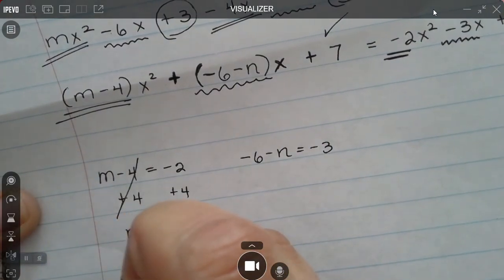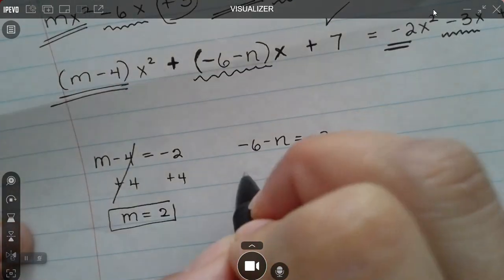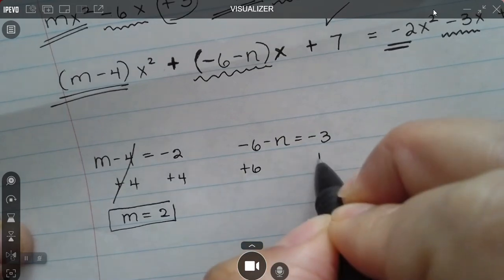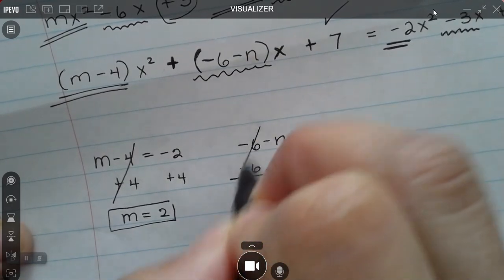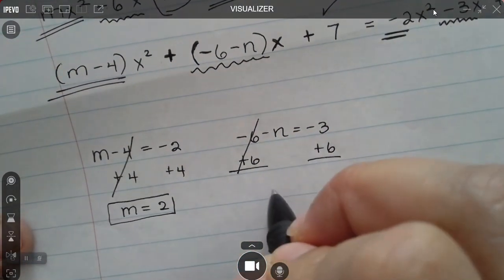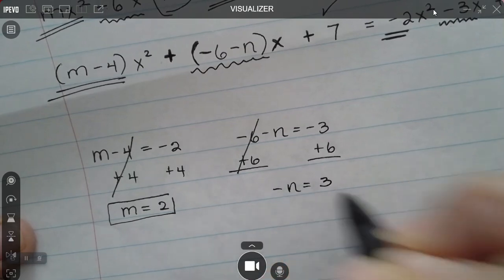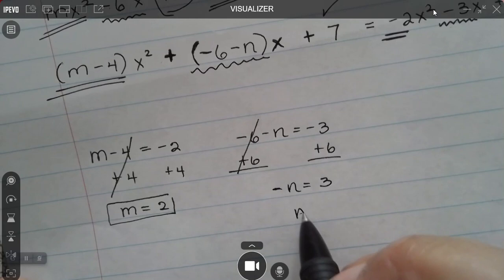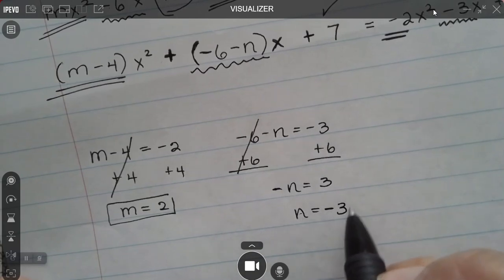All right, so that means m is going to be equal to 2. And then this one, first I'm going to move the negative 6. And then because I have a negative sign here, I'm going to swap it around. Here we go.